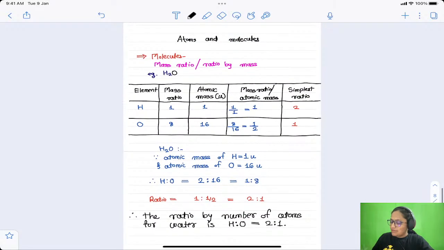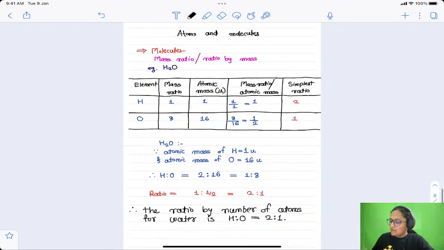This is how yesterday we discussed the mass ratio, and that mass ratio is used for finding out the simplest ratio of atoms. Just take a screenshot of this page first of all.